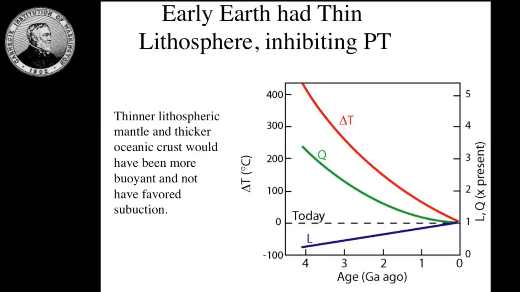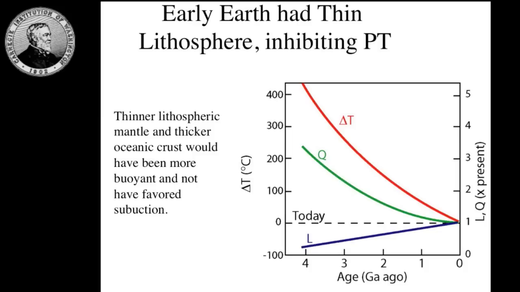The lithosphere would have been thinner. The mantle part of the lithosphere would have been thinner. That higher mantle potential temperature would have made thicker oceanic crust. The buoyancy of oceanic lithosphere in the early Earth would have been higher than it is today.